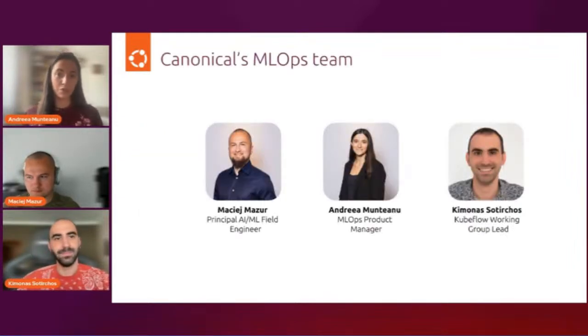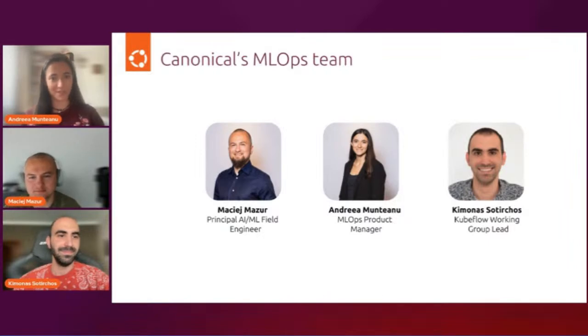But I'm not the only one that should be talking today. So together with me, I have two machine learning experts. Maciej, we have a history of having webinars together, I would say. Yes, hello everyone. So my name is Maciej Mazur. I'm the principal AI engineer in Canonical.